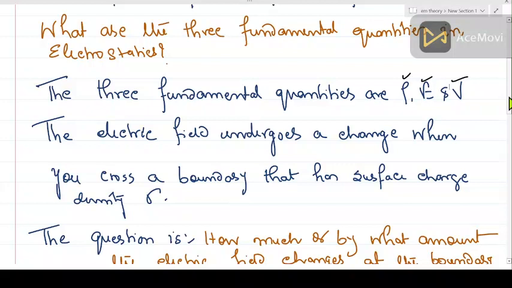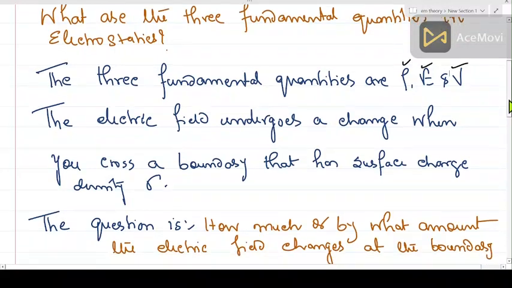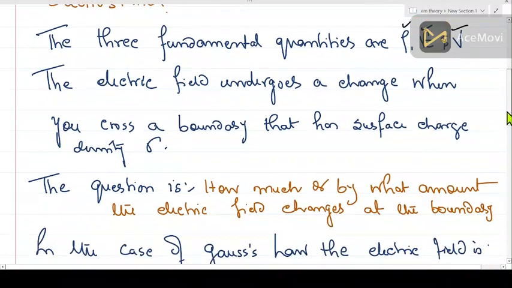That demarcation line is called the boundary. The electric field undergoes a change when you cross a boundary that has a surface charge density. Now the question is, by what amount does the electric field change at the boundary?